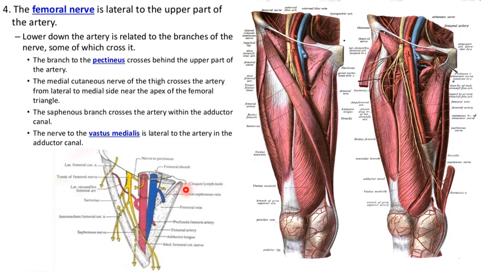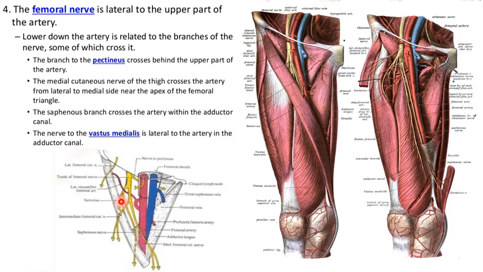In the femoral triangle, it is the nerve to pectineus, which is behind the femoral artery, and then at the apex of the femoral triangle, it is the medial femoral cutaneous nerve that crosses the femoral artery from lateral to medial. Initially, it is lateral to the femoral artery in the triangle, and at the apex it crosses to the medial side.